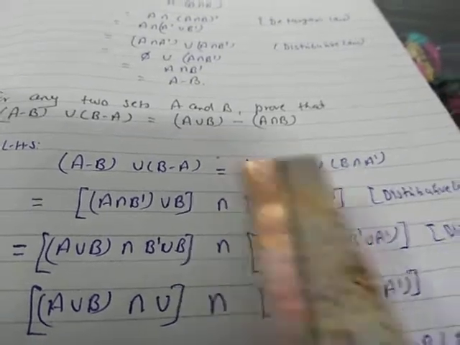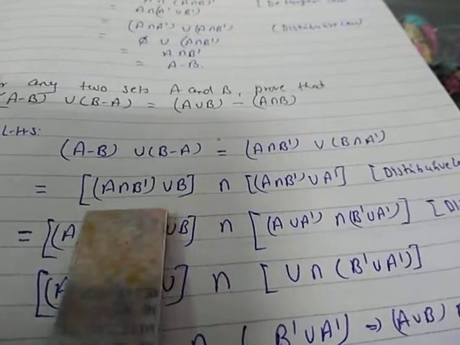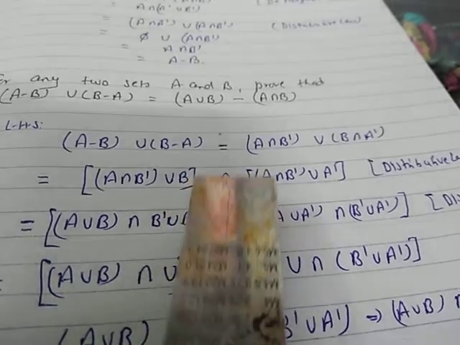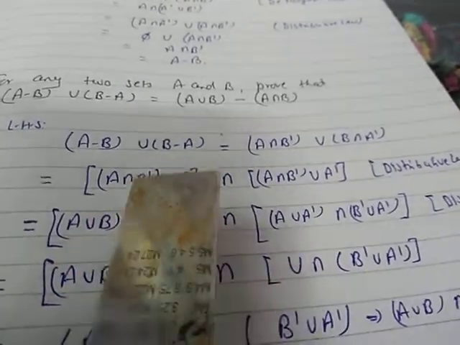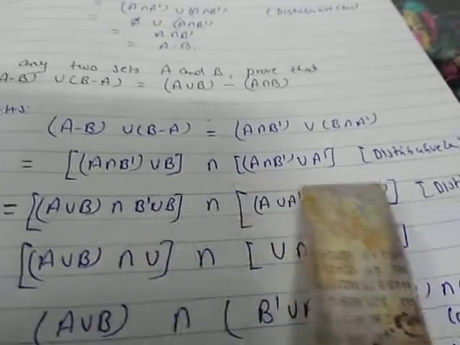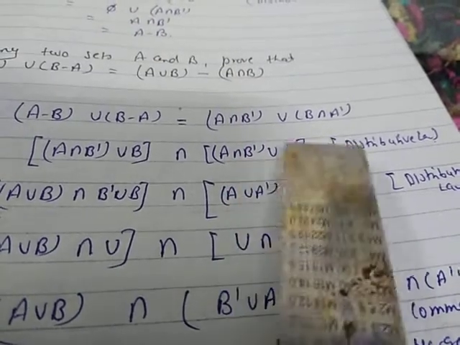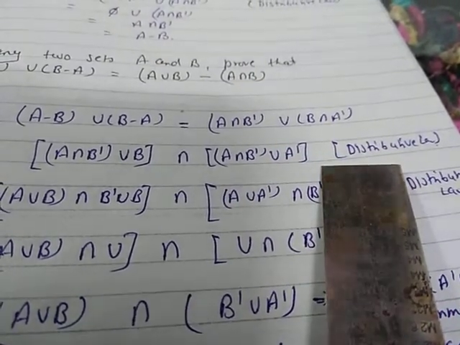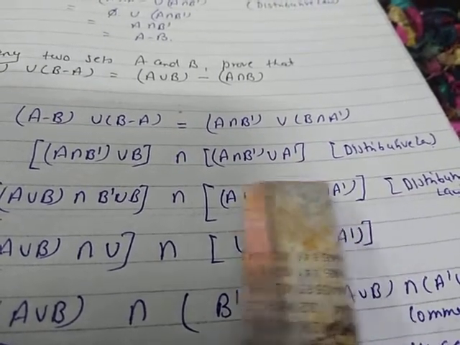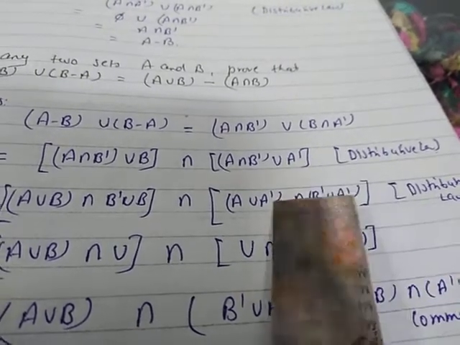Okay, bracket operation, BODMAS rule. Now here again you have to use distributive law. A intersection B complement union B is A union B intersection B complement union B. Same way, A union A intersection B complement union A is equals to A union A intersection B complement union A complement. This is complement here, children.